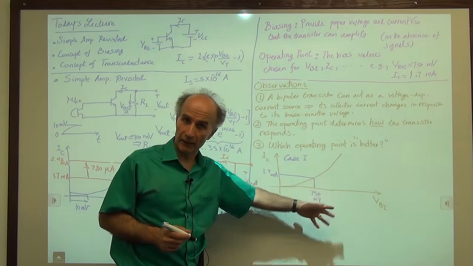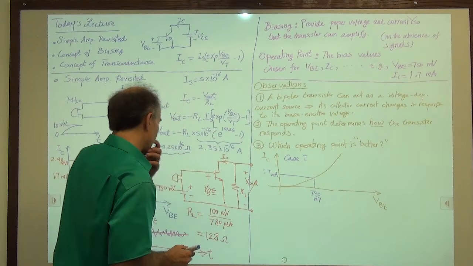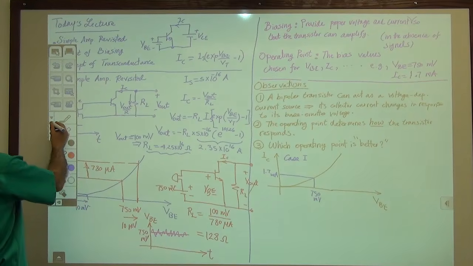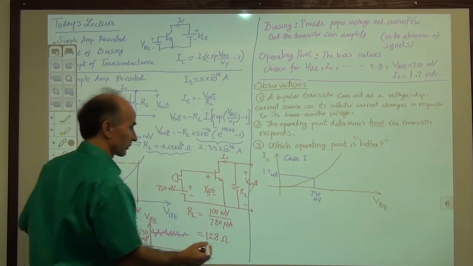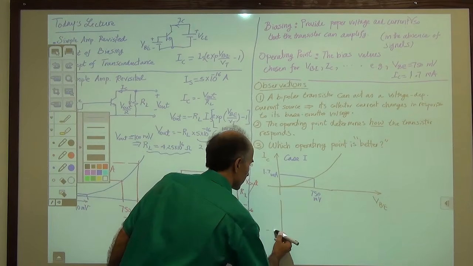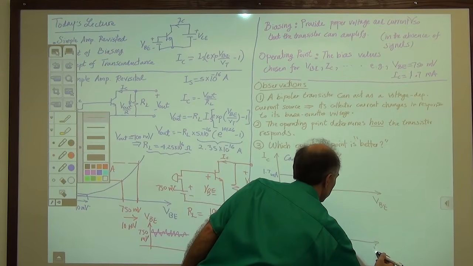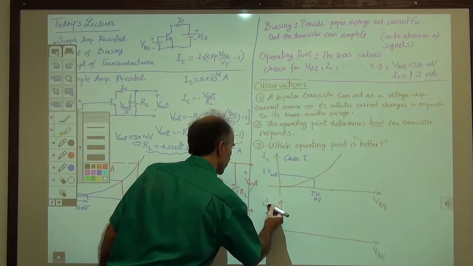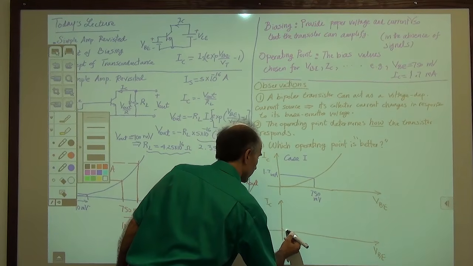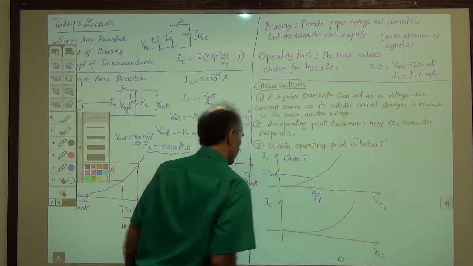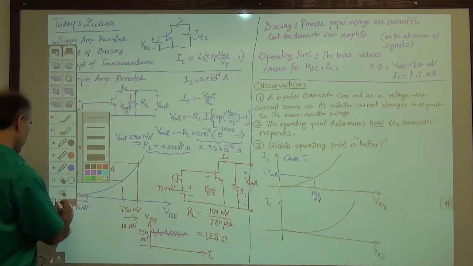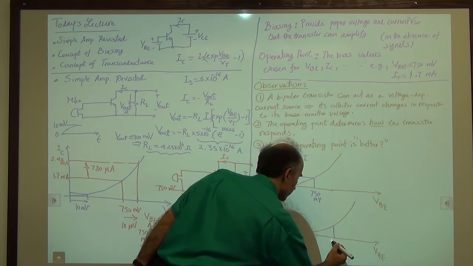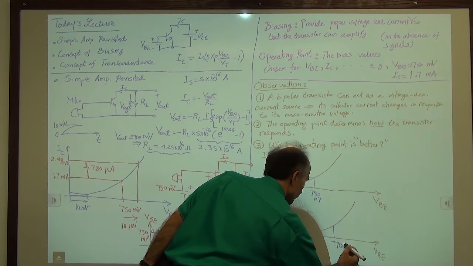All right, but this is not unique. I can pick some other value, right? So let's go ahead and pick some other value. So let's change our color back to brown. So here we go, VBE, IC, and then same exponential, but this time we go to, for example, 770 millivolts.